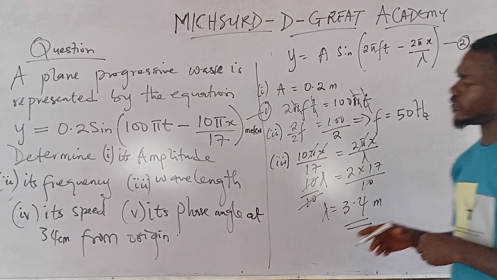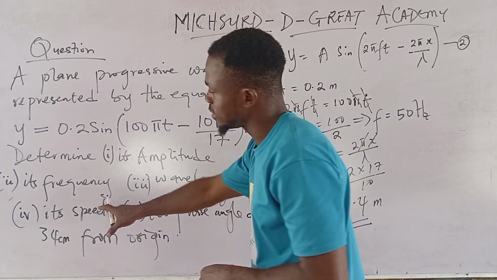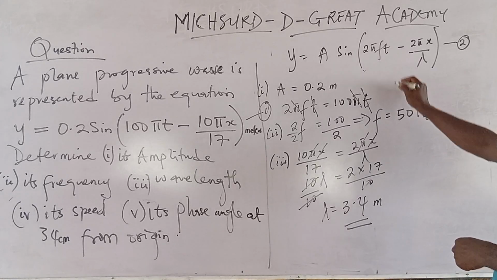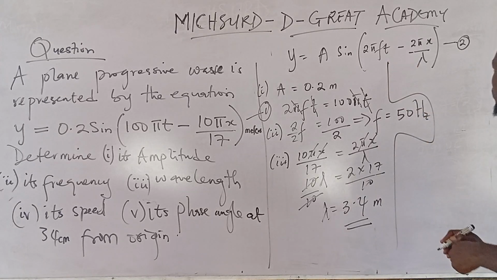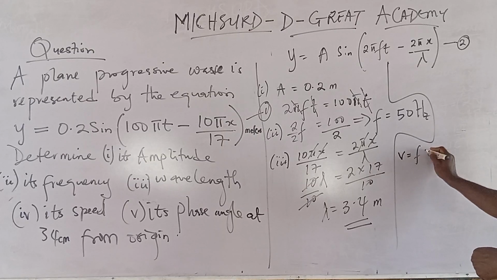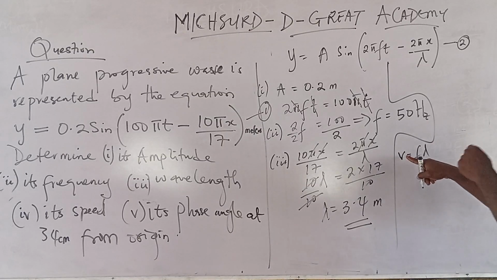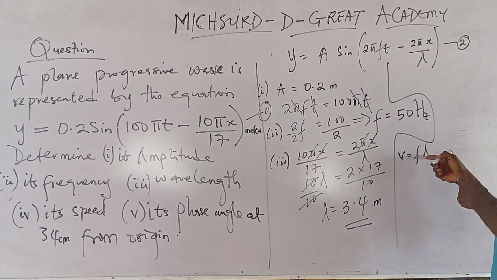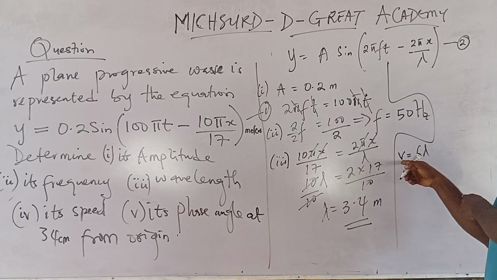Now we have gotten the wavelength. The next question asks for its speed. So let's find the speed. The speed v is equal to fλ. That is the formula for calculating the speed of a wave. Frequency times the wavelength gives us the wave speed.